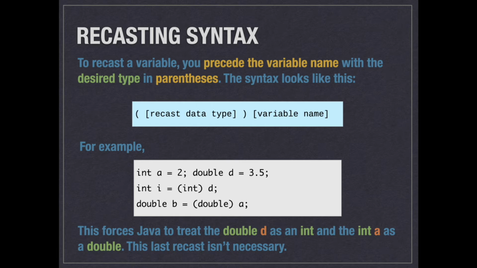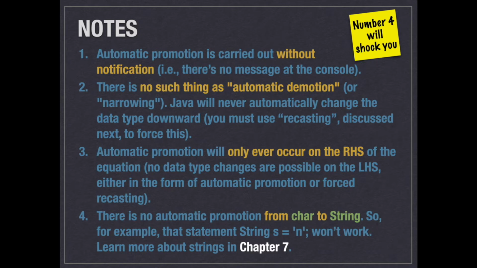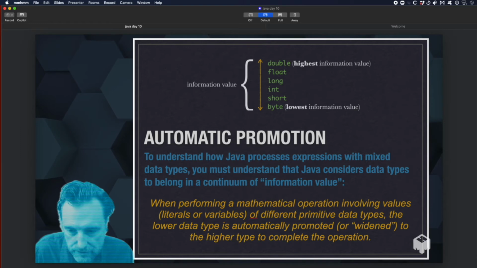That goes back to one of those notes on the slide of notes, which is, let me just flip back to it here just to highlight it. Number 2, there is no such thing as automatic demotion. Java will not move down the information value hierarchy. So the d is a double in that statement, and int is an integer, which is lower on the hierarchy. Java will not do that.